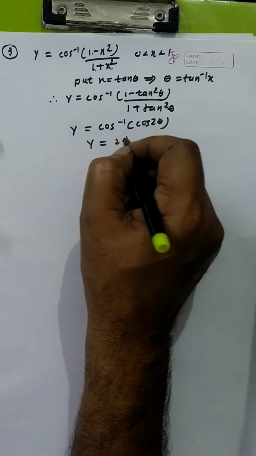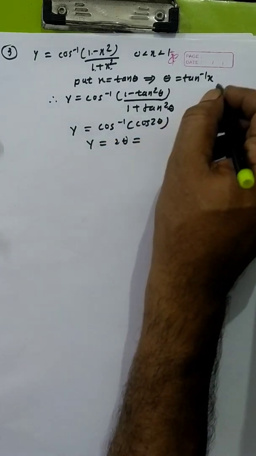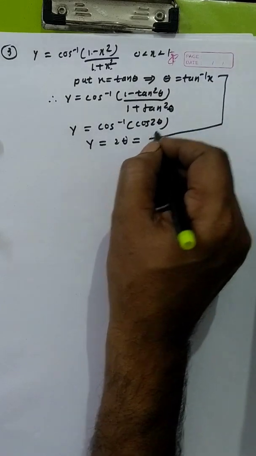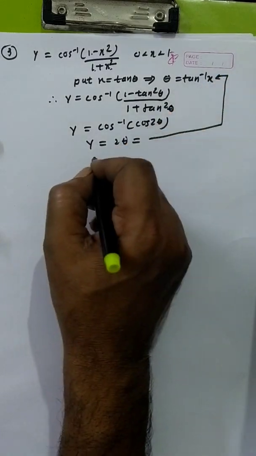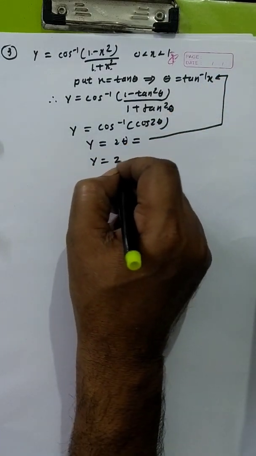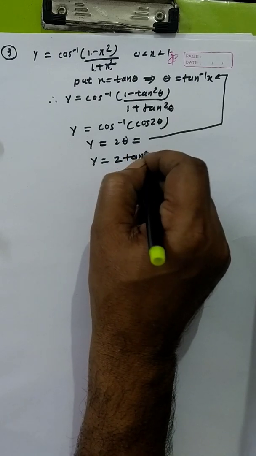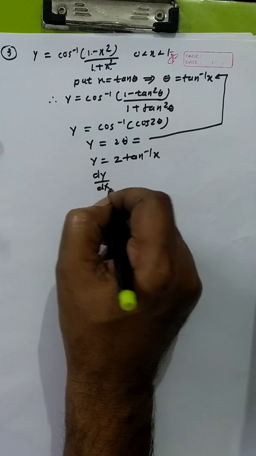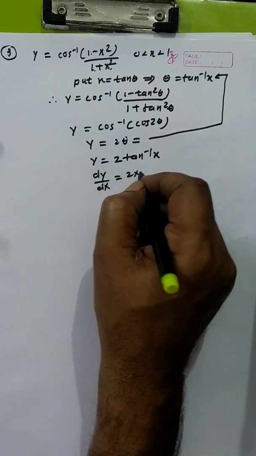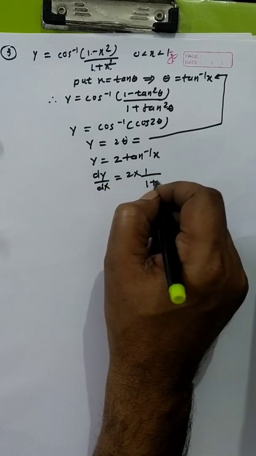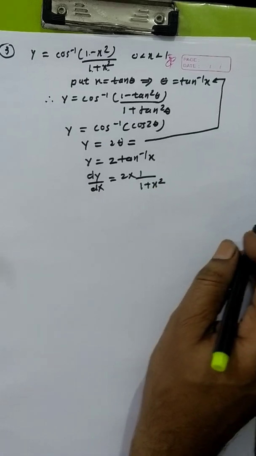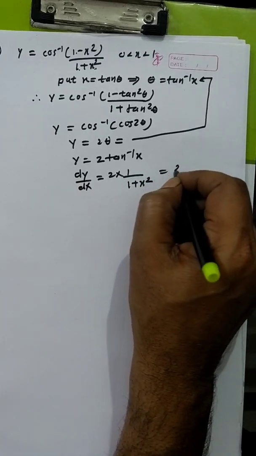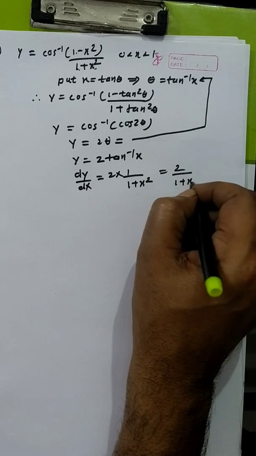So this becomes 2 theta. But what is theta? Theta is tan inverse of x. So y equals 2 times tan inverse of x. So dy by dx will be 2 into the derivative of tan inverse of x, which is 1 upon 1 plus x square. So this will be 2 divided by 1 plus x square.